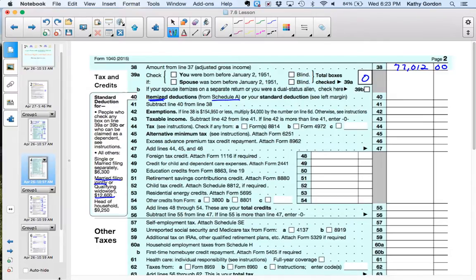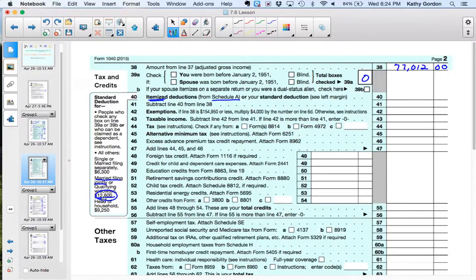So even though filling out a Schedule A seems a bit tedious and there's a lot of work to it, and you have to have receipts to back up all of these costs that you're claiming, if you can put enough of those things together, you can significantly reduce your tax burden way more than just the standard deduction would.